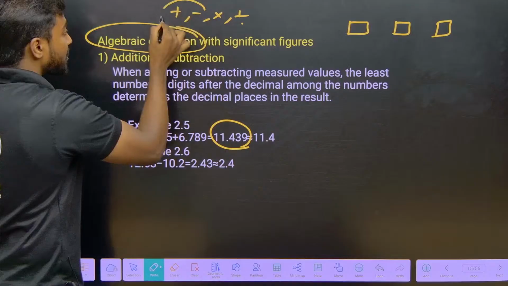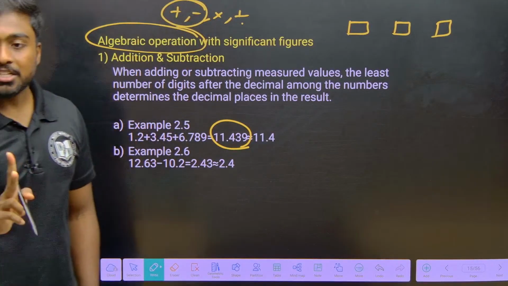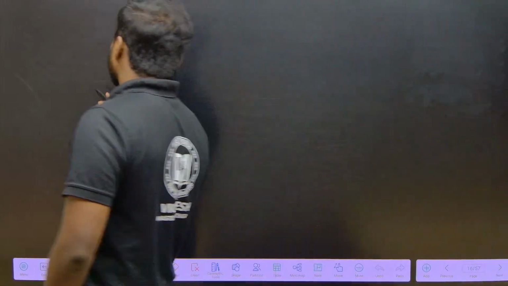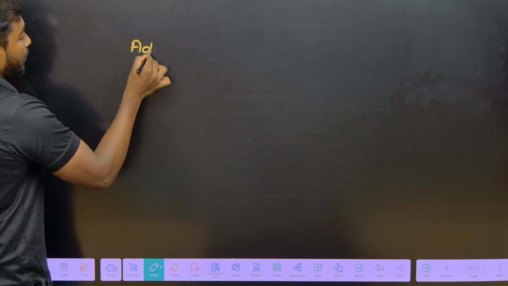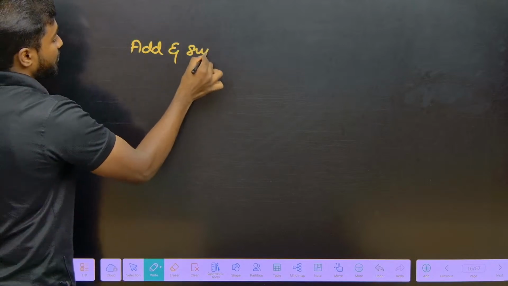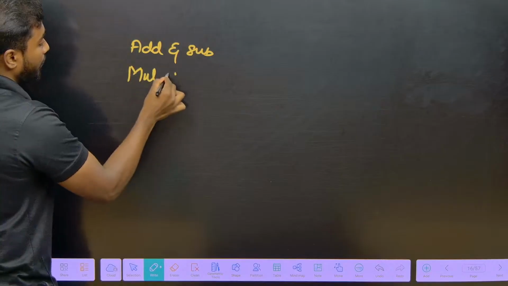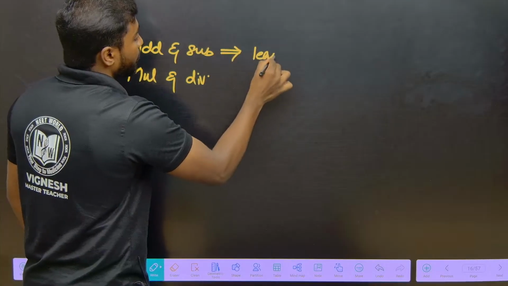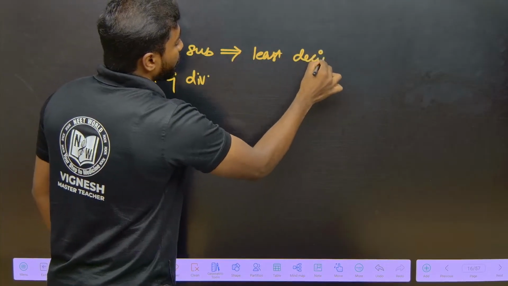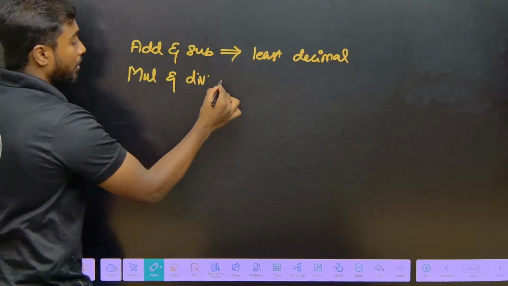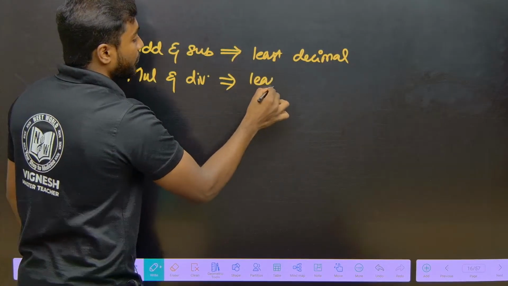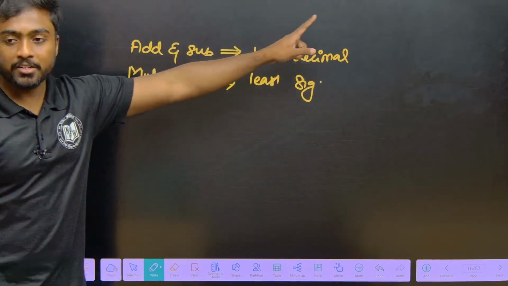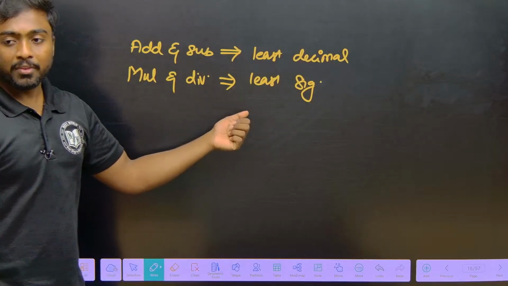So for addition and subtraction, keep in mind the least decimal places. For multiplication and division, I need to consider the least significant figures. For addition and subtraction, least decimal. For multiplication and division, least significant.